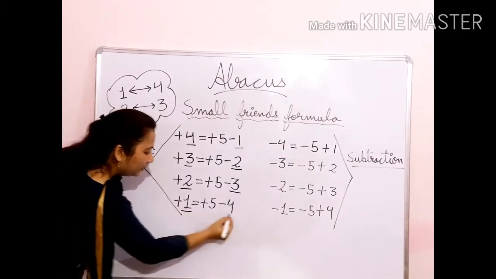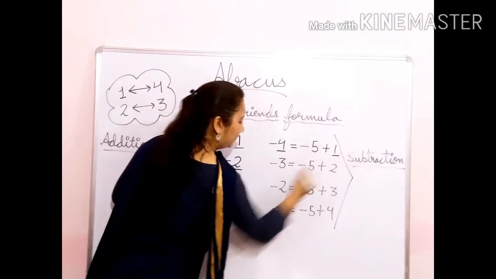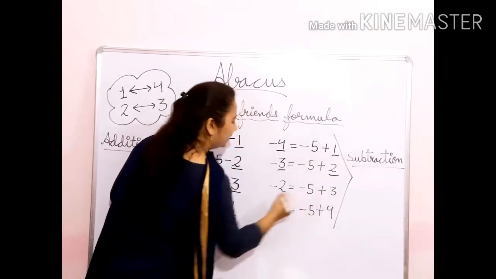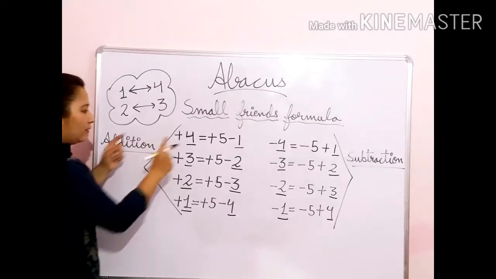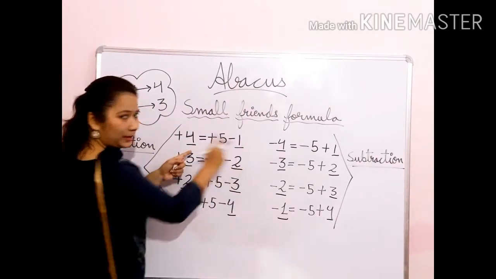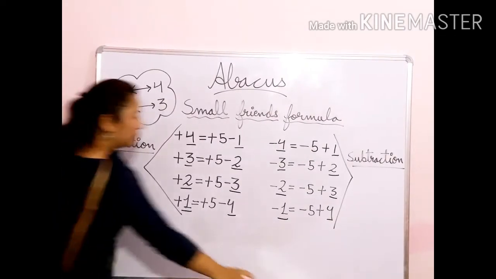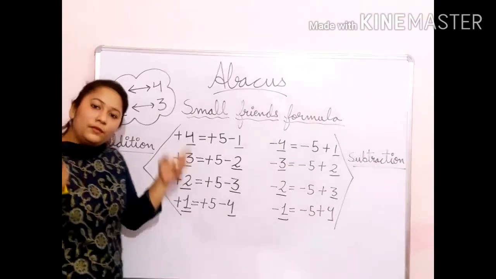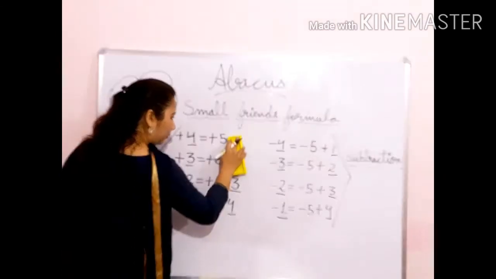See, with 1, 4 is there. Here also with 4, 1 is there. With 3, 2 is there. With 2, 3 is there. And with 1, 4 is there. See, 1 and 4 are together and 2 and 3 are together. So, students, now we will form these formulas ourselves. See how.